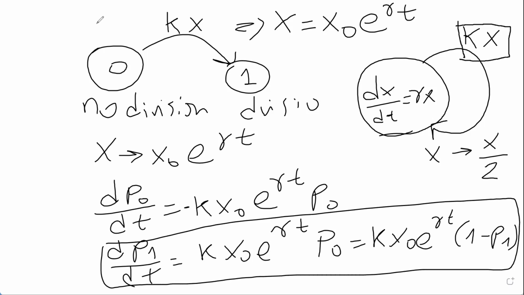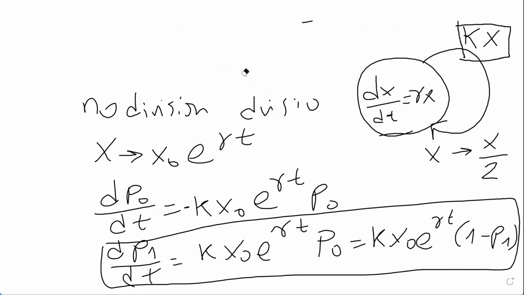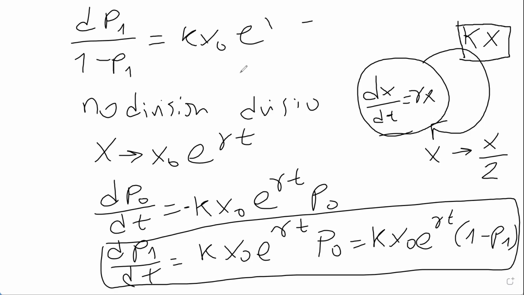Make sense? Let me clear this. I have simply dp1 over 1 minus p1 is equal to k x0 e to the gamma t times dt.